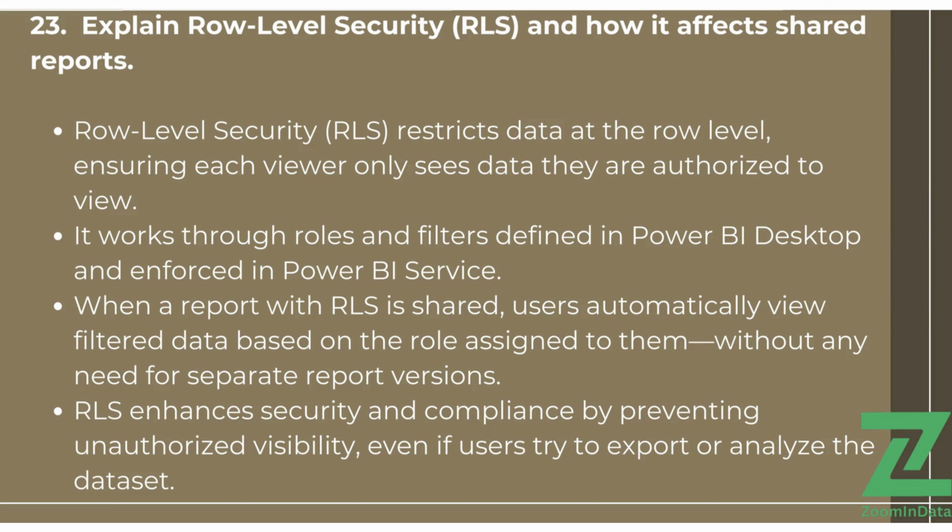When a report with RLS is shared, users automatically view filtered data based on the role assigned to them, without any need for separate report versions. RLS enhances security and compliance by preventing unauthorized visibility, even if users try to export or analyze the dataset.